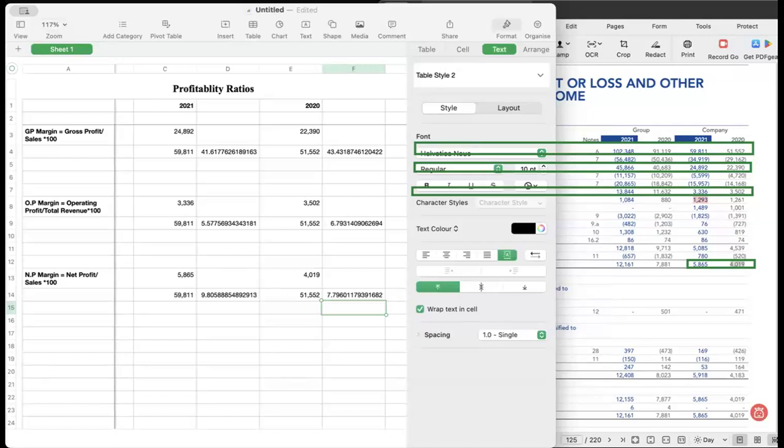The ideal gross margin ratio will vary from industry to industry. However, the higher the gross profit margin, the better it is for the company. So when you compare the 2 years, you can see that they've done a better job in 2020 compared to that of 2021.